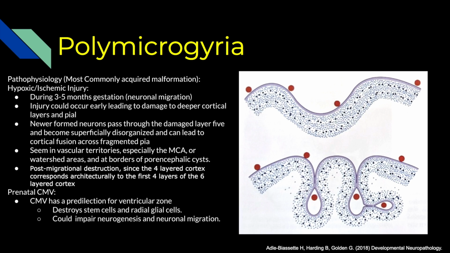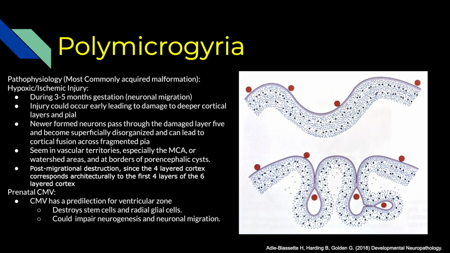And again, there are some patterns where the first 4 layers appear to represent the normal 4 layers of the cortex, suggesting that there's post-migrational destruction of the deeper layers.